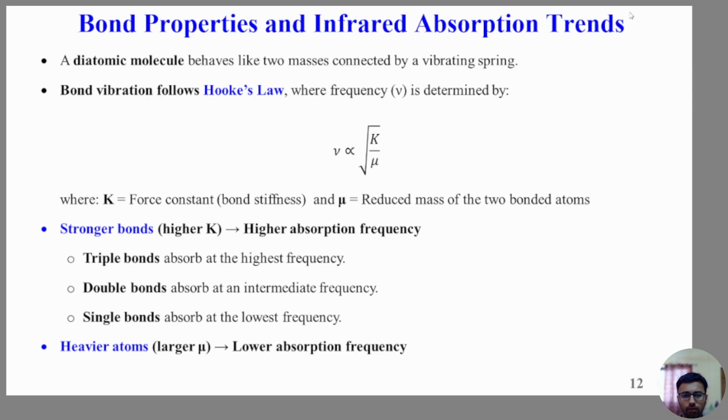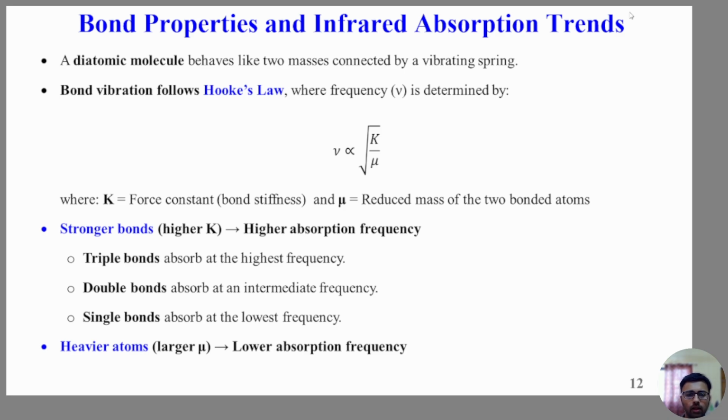This explains a very common pattern we see in infrared spectroscopy. Triple bonds are the strongest, double bonds are moderately strong, single bonds are the weakest. Therefore, triple bonds absorb at the higher frequencies, double bonds absorb at the intermediate frequencies and single bonds absorb at lower frequencies.